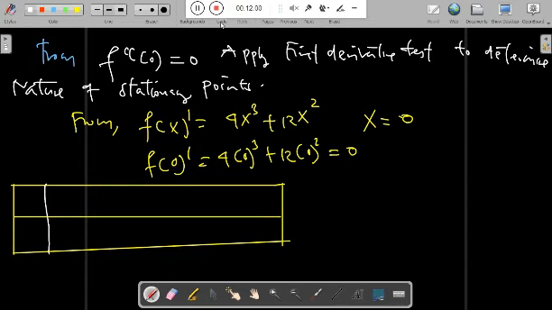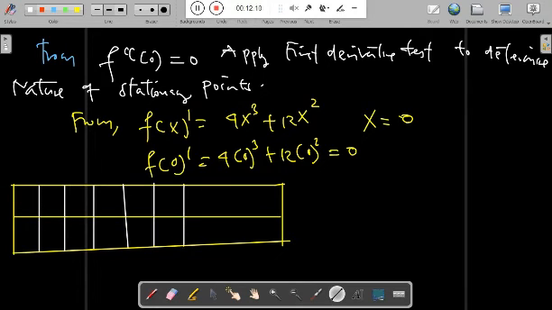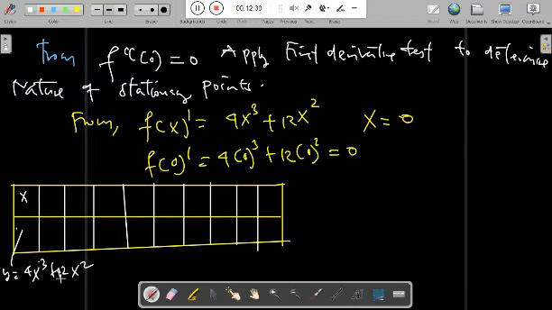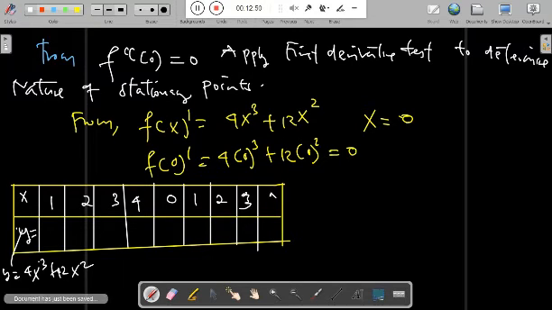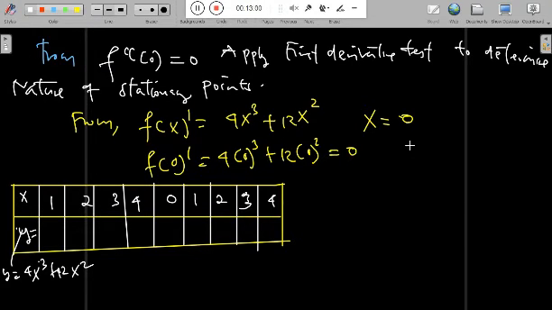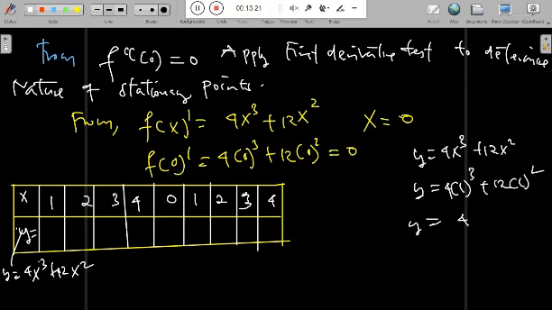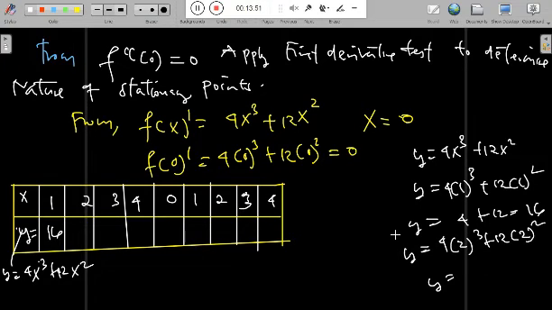But not only that, we sketch the graph and show other relevant points of y = 4x^3 + 12x^2. Here we take values of x: 1, 2, 3, 4. When we plug in 1, we obtain 16, and when we plug in 2, we obtain 80.